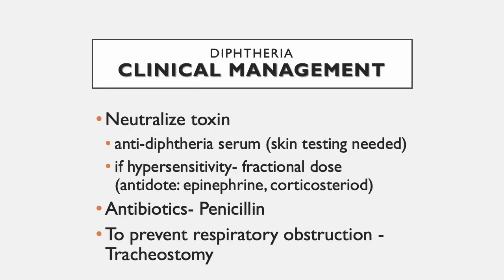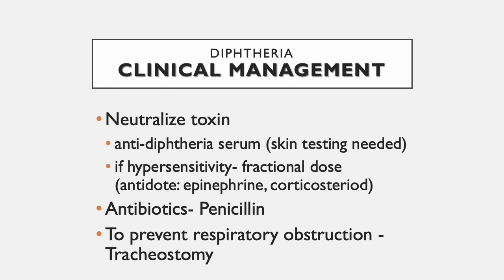Clinical management, of course, you have to neutralize the toxin. Okay? That's the one that causes all of the problems with diphtheria. Now, you can give the anti-diphtheria serum. However, skin testing would be required. You can give doses of, ayan.